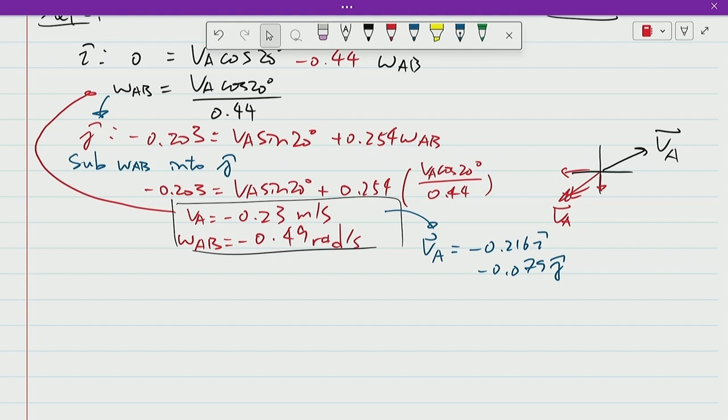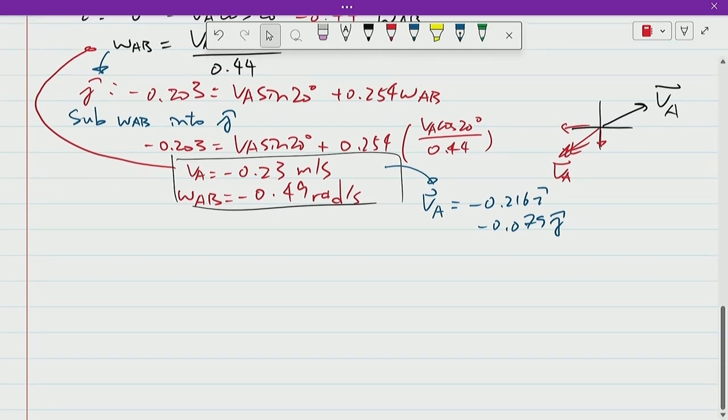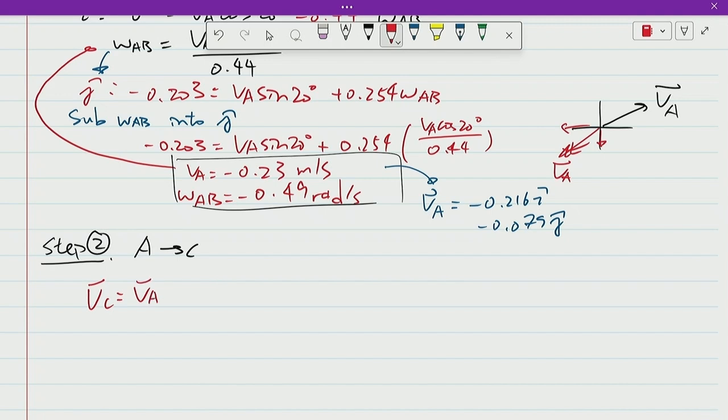The question also asks for VC and omega C. The good thing with finding VA is that it allows us to also find VC. We're basically just repeating step 2, from A to C. RC relative to A. So if we just quickly sketch this out again, this is O, B, A. C is at the midpoint.